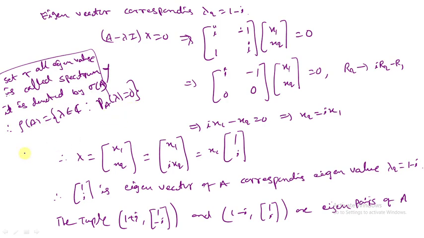Now what is the spectrum of this matrix? For this example, the spectrum of A is 1 plus i, 1 minus i. Now you can define the spectral radius.